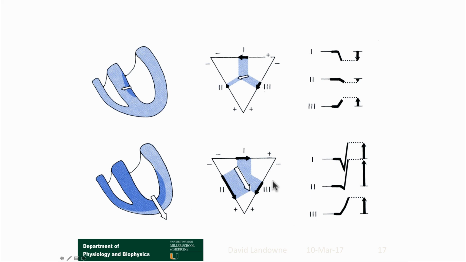Over here on lead 3, this would also be a positive potential, but larger than the one we saw initially, so we would have another upward deflection here. This is what the electrocardiogram would look like at this particular time in the pathway of depolarization.